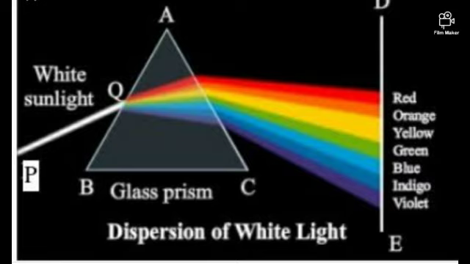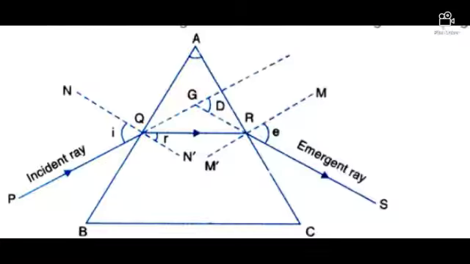We can observe red bends least and the violet color bends the most. From the wavelength study, we come to know that the wavelength of the red is longest and the wavelength of the violet color is the shortest among the spectrum of the white light.